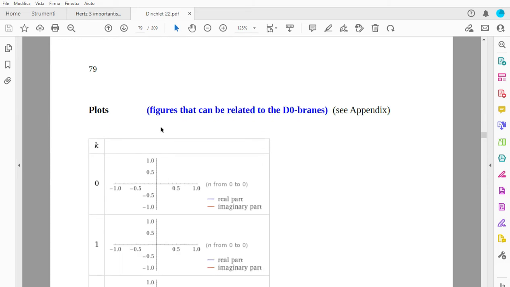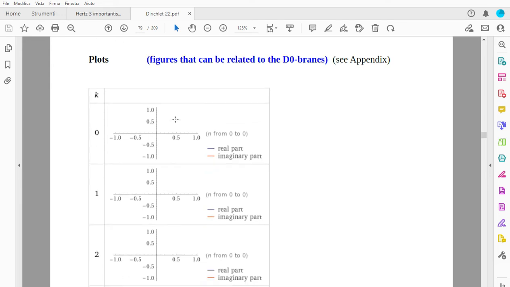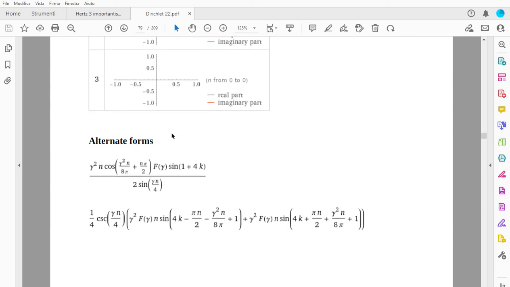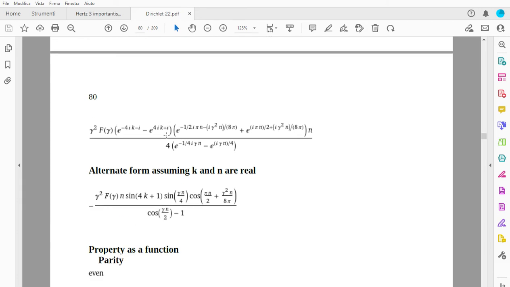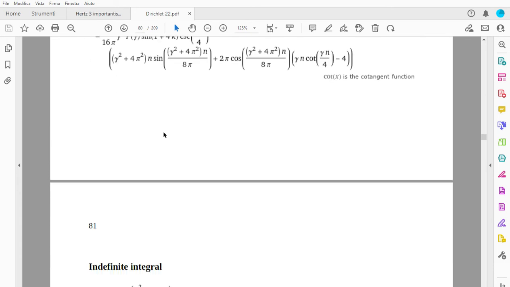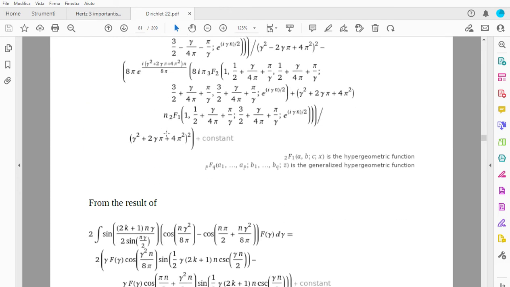We note that the plots can be related to the D0 brane because they are similar to points or particles. Also here we observed alternate forms, the series expansions, derivative, indefinite integral.